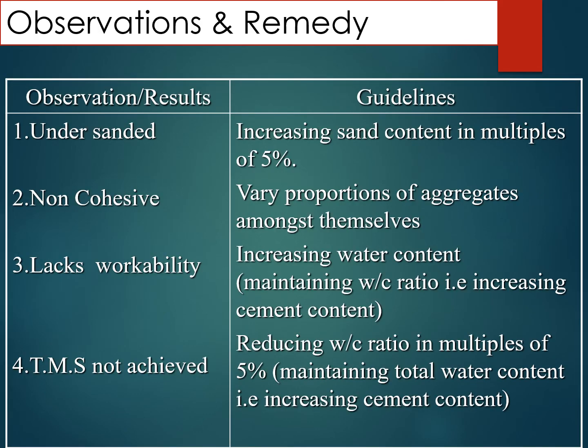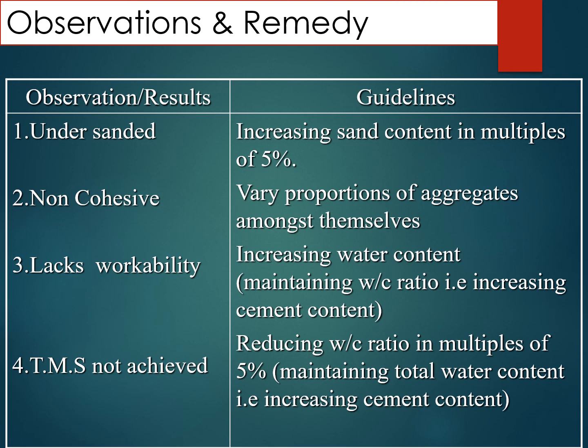Observations and remedies. If the mix is segregating, increasing the sand content in multiples of 5% will hopefully solve the problem. If the mix is non-cohesive, vary the proportions of aggregates amongst themselves. If you have a lack of workability, increasing the water content, that is a change of water cement ratio, or a change of admixture dose will help to meet the workability requirement.